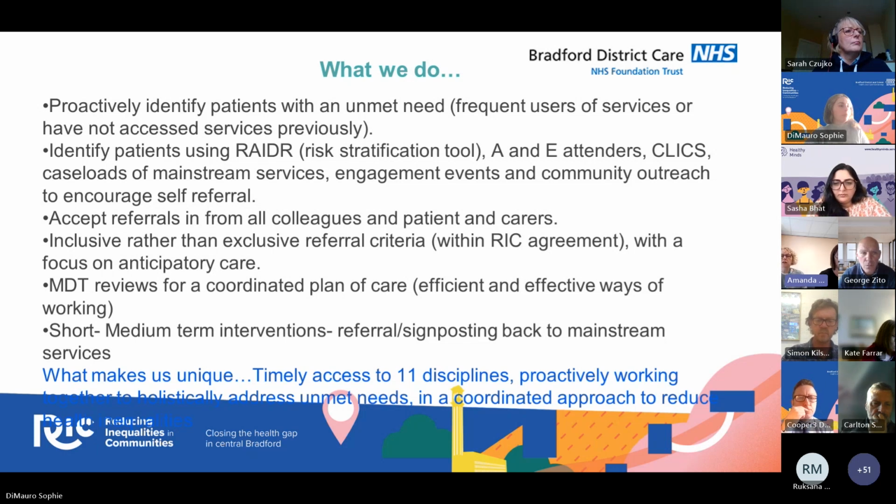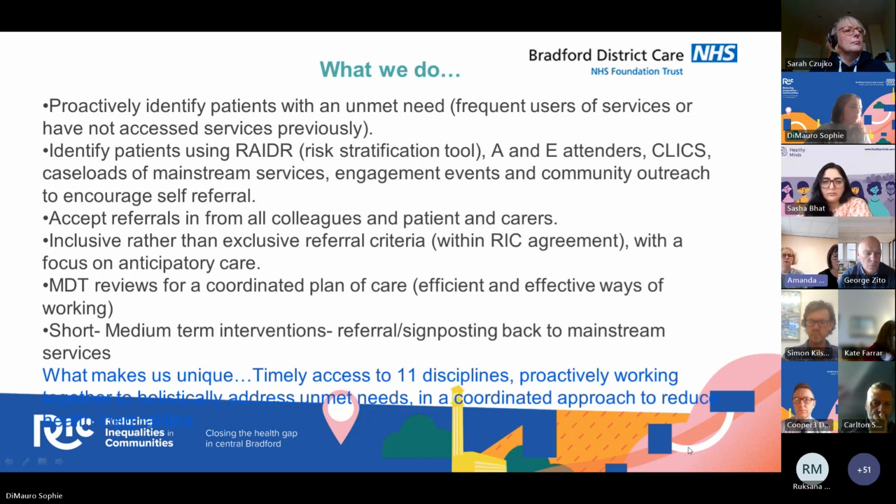We have an inclusive rather than an exclusive criteria. So very early on, we removed most of our exclusion criteria, and basically if you're over 18 and you need more than one discipline within the MDT, then we will review your case and offer you an initial assessment.